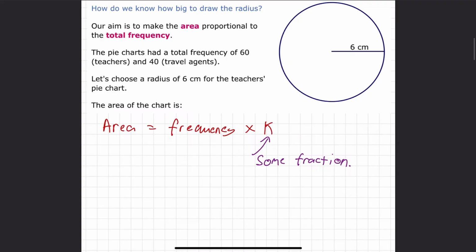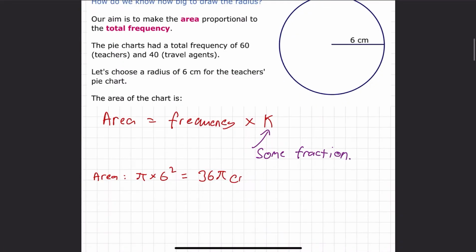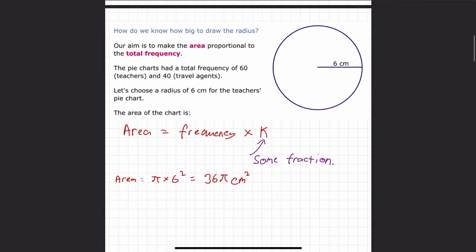So the area of a circle is pi r squared, so 36 pi centimeters squared. That is the area for teachers, and we got that because it gave us a radius of 6.